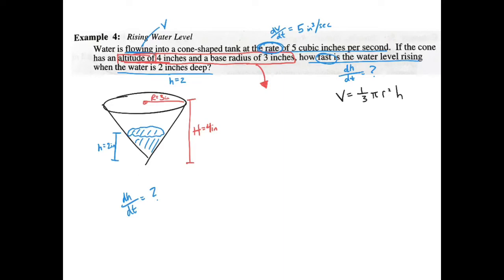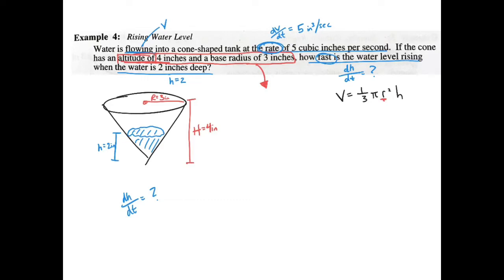Now the problem is I have a lot of information that tells me about this little h, the height of the water, and I know that I'm trying to find the rate of change of the water level, but what I don't know much about is this little r here. I don't know what the radius is. I know you guys are smart and you could probably figure it out real easy, but I wouldn't know what dr/dt was either.